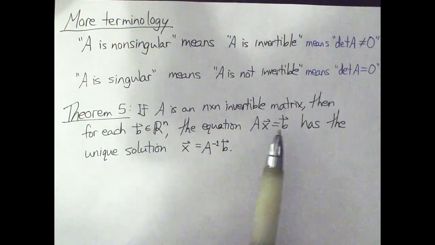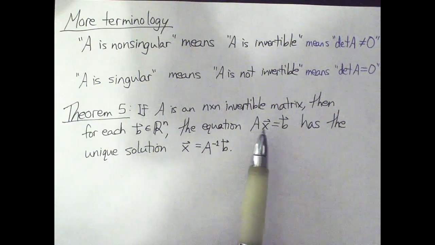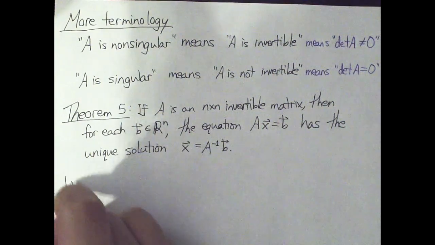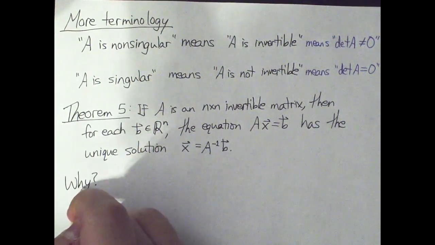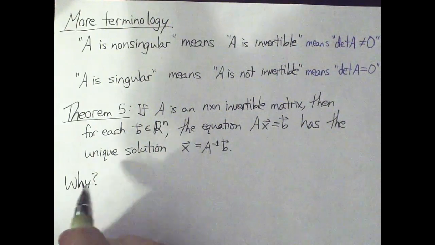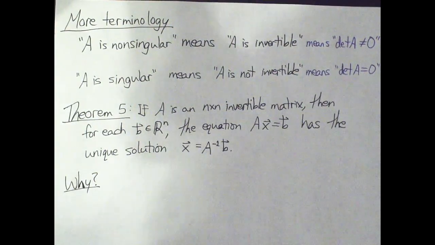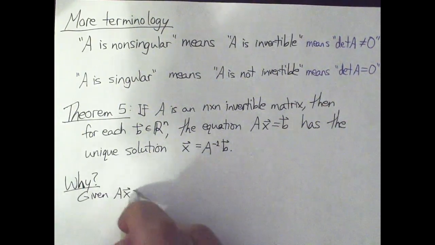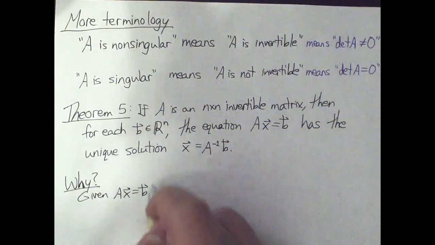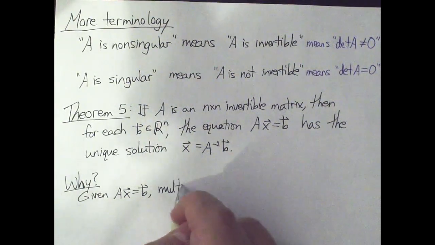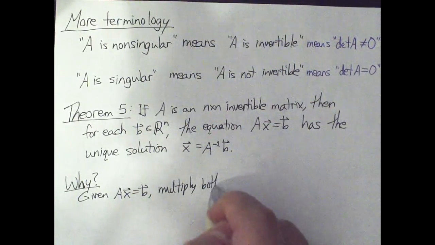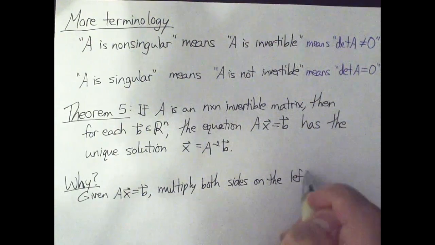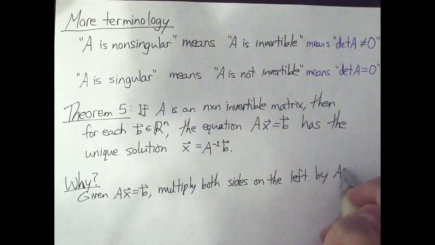If you look at Ax equals B, do you see how we go from the equation to the solution? Let's talk about this a little. Why is this theorem true? I'm not doing a full rigorous proof of this, but I'm going to give you a sketch of a proof. Given Ax equals B, you could multiply both sides on the left by A inverse.